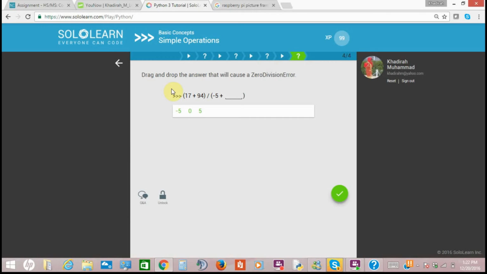Drag and drop the answer that will cause a 0 division error. So here in the example it has 17 plus 94 divided by -5 plus blank. Okay, so you will have to make this over here equal to 0.